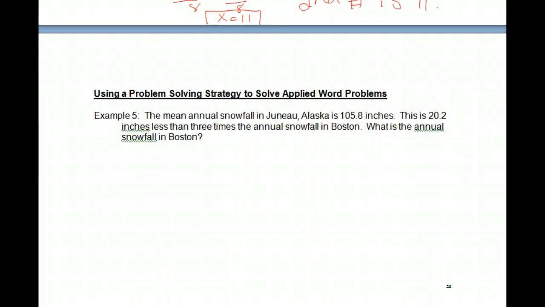The second concept that we're going to look at today is using our problem-solving strategy that we've just been working on to solve applied word problems. So we're going to be doing exactly the same thing. We're still going to write let statements and equations and solve them and write sentences.